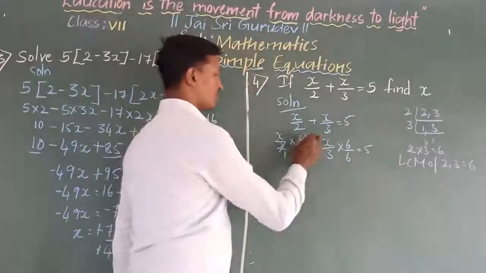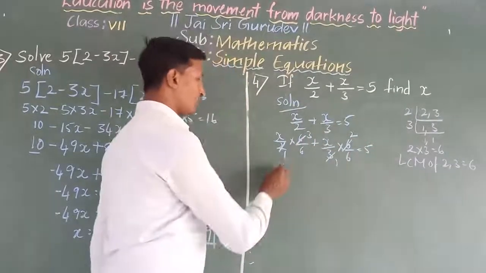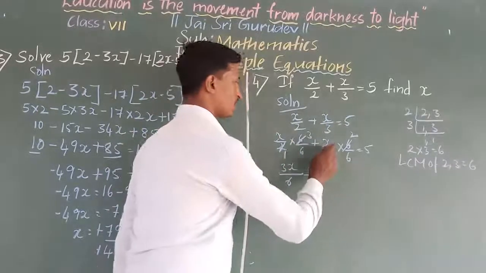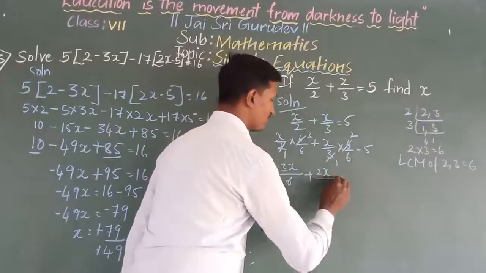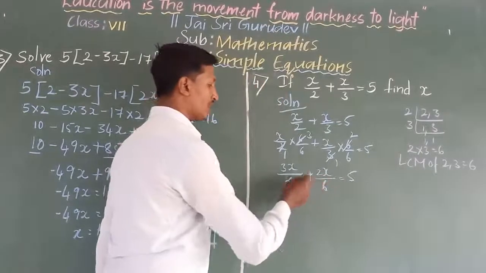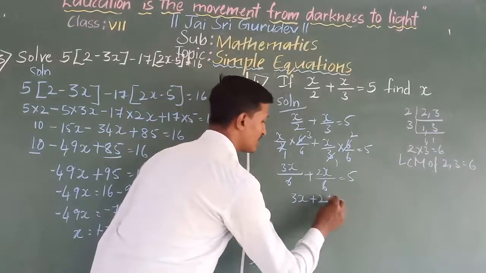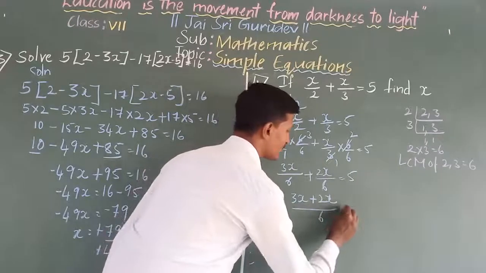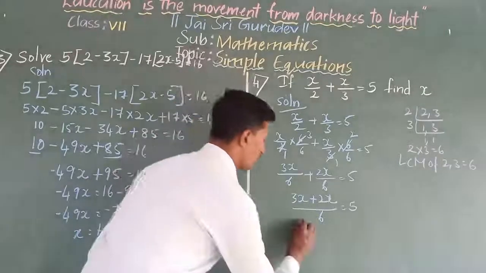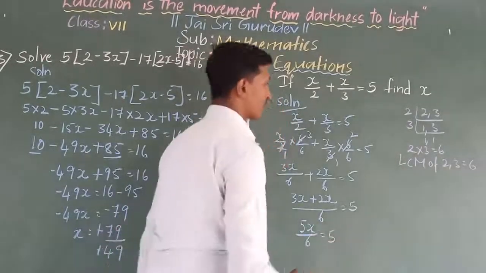Now 3 into x, 3x/6, plus 2 into x, 2x/6, equal to 5. Now denominators are the same: (3x + 2x)/6 = 5. Now 3 plus 2 is 5, so 5x/6 = 5.